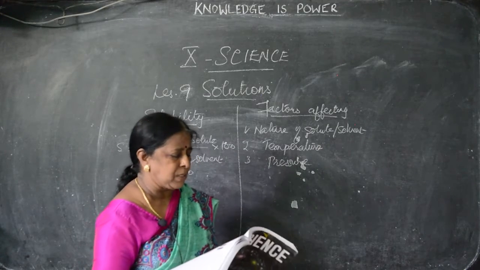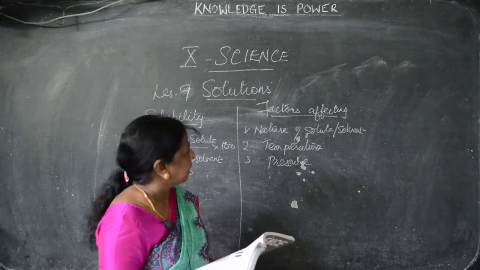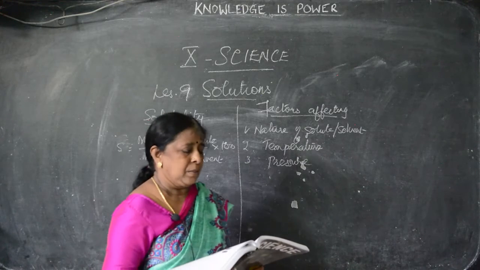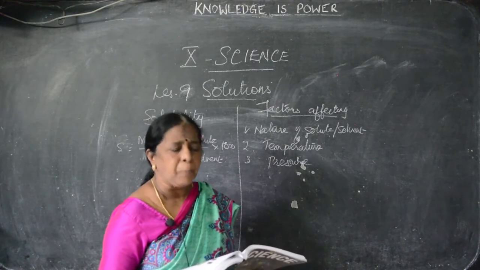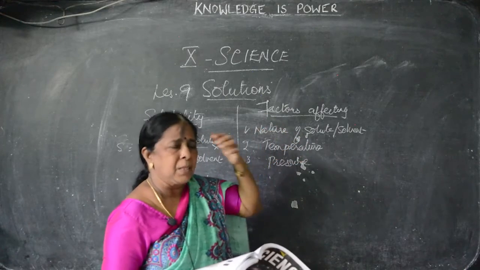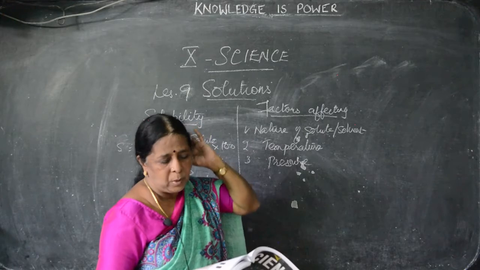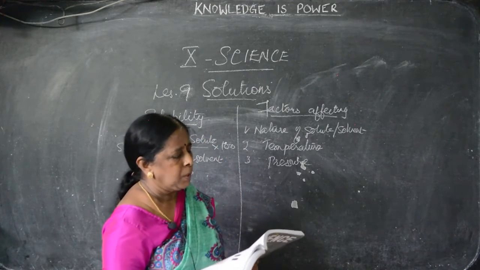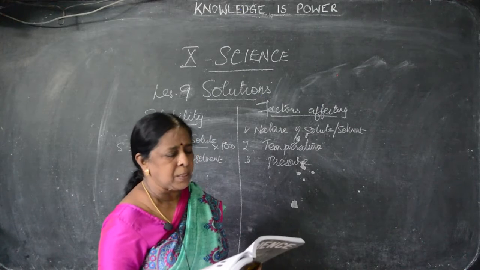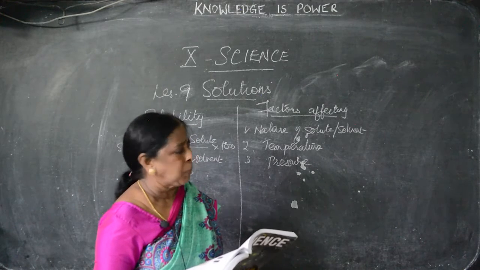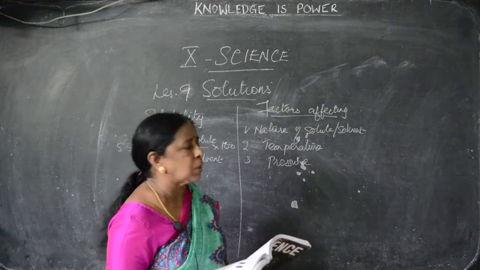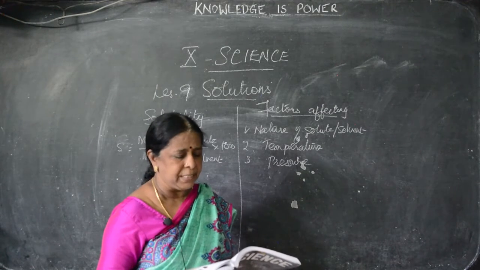If the solute is in powdered form, or in liquid form, it is easily dissolved in water. Common salt is a polar solute and it dissolves only in polar solvent, water. It does not dissolve in any other thing.